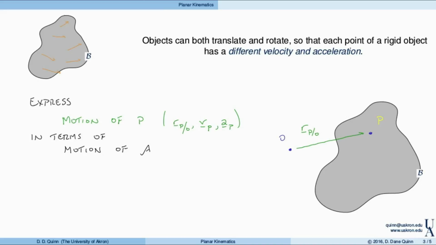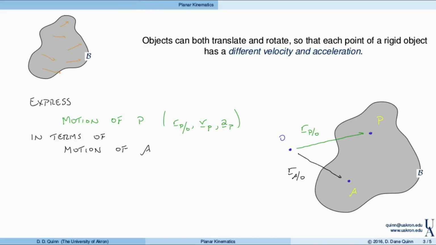Some point A, so let's put A there and describe the vector from O to A, like so.